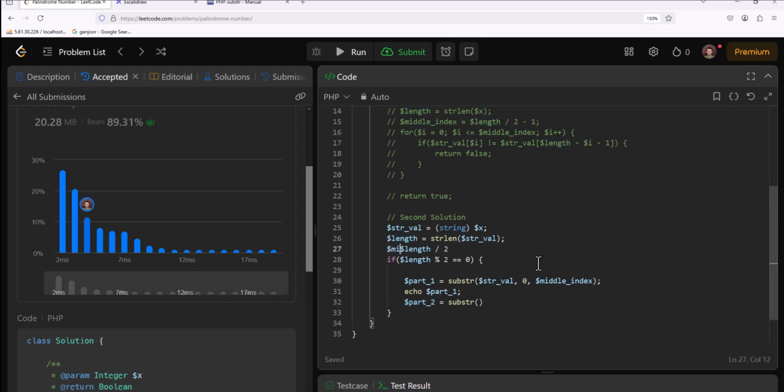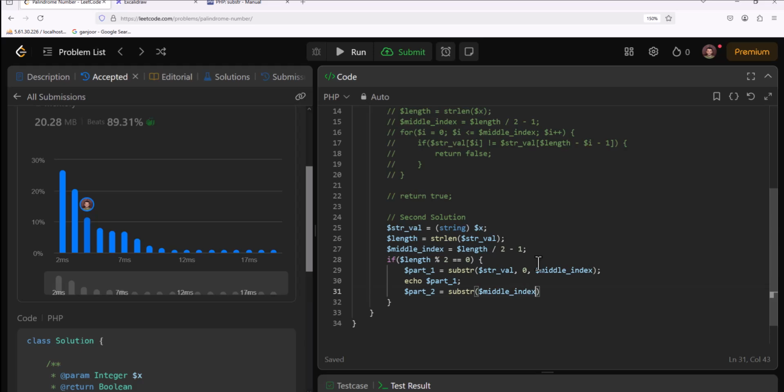So we say middle index would be something like this. Now from middle index, strval and middle index until the end.